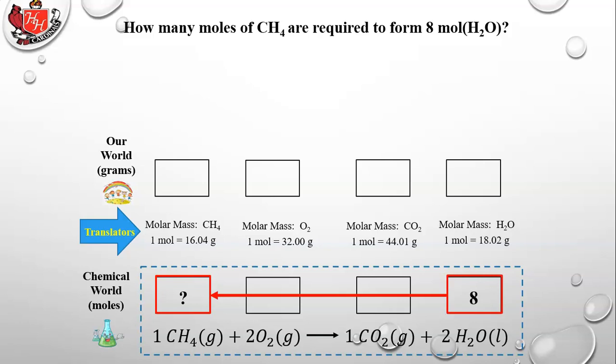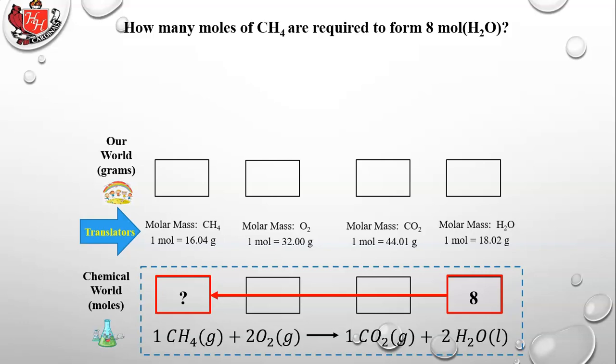So it's in the H2O column and it's in the moles row. Okay, the moles is inside the chemical equation. So we can take 8 moles of H2O and figure out how many moles of CH4 we need to give us 8 moles of H2O. Now notice something.